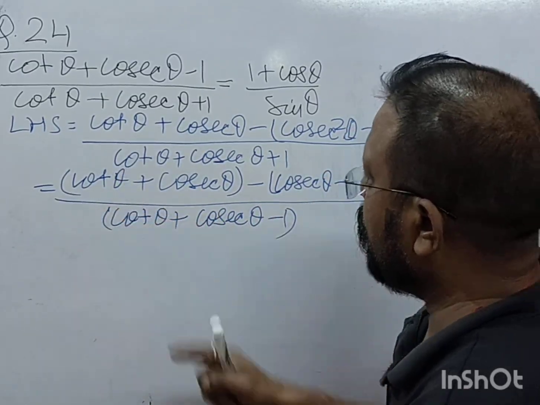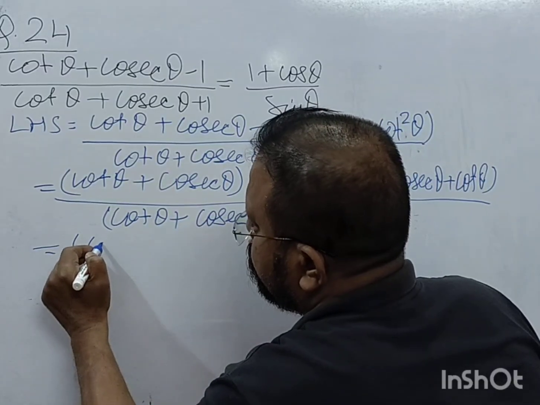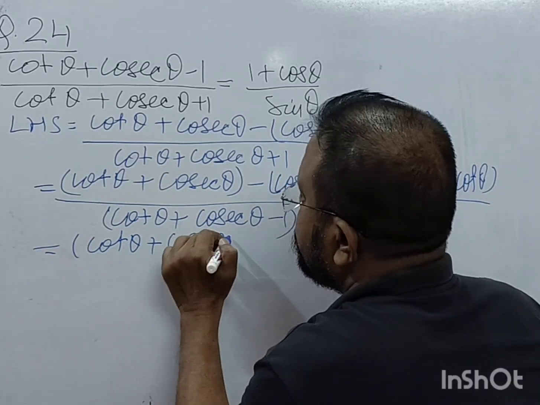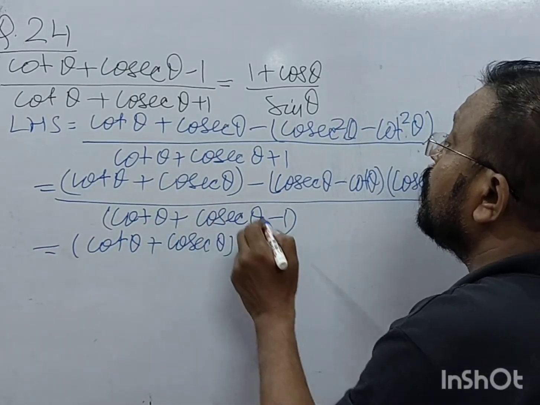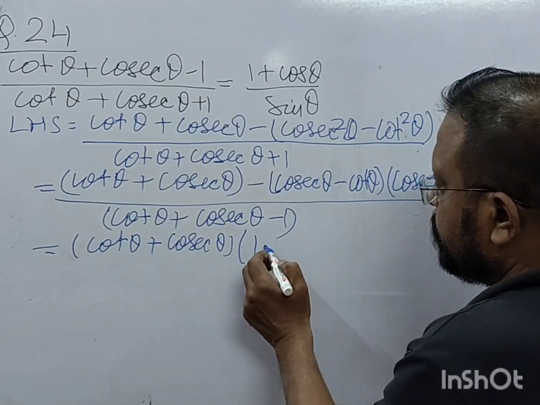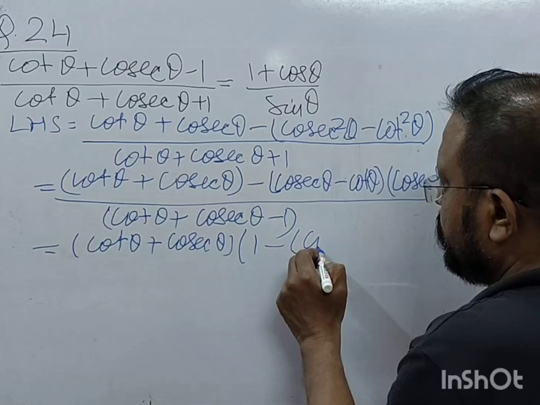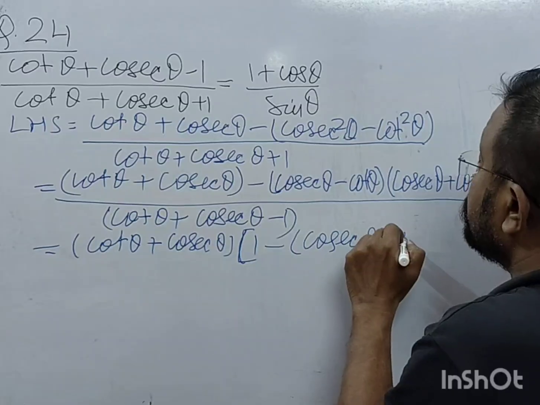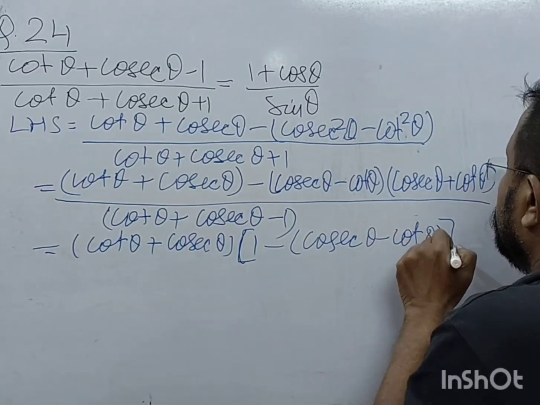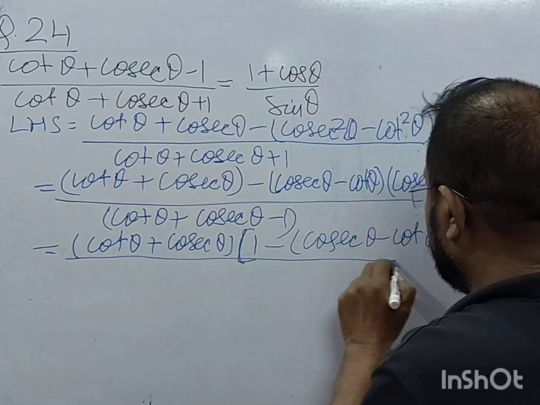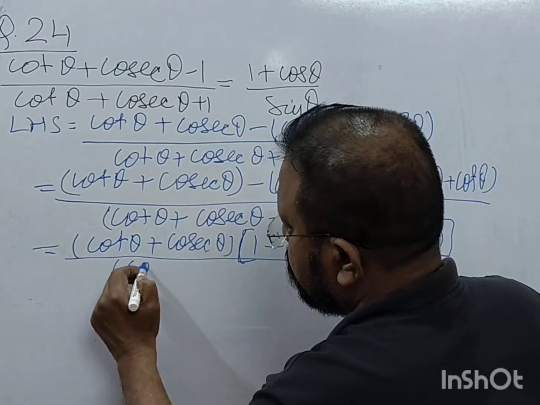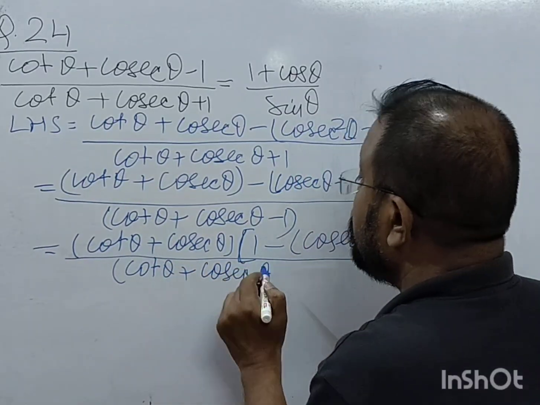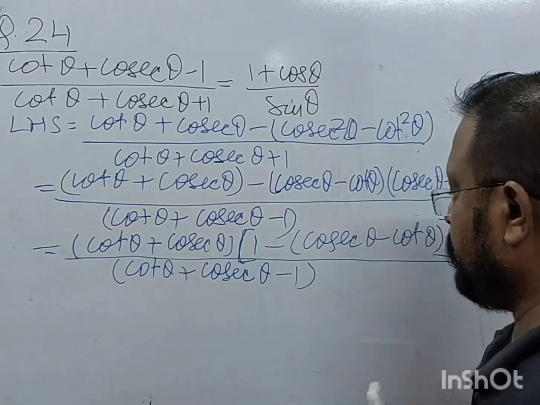You take cot theta plus cosec theta as common, you get 1 minus cosec theta minus cot theta upon, is equal to cot theta plus cosec theta minus 1.